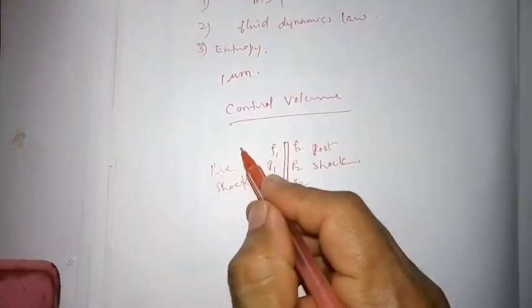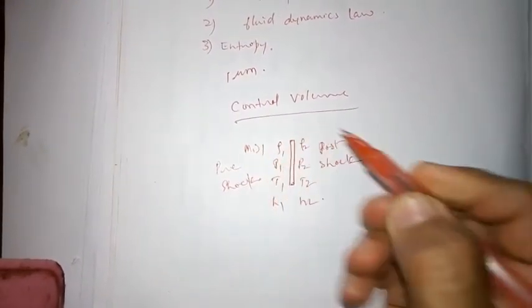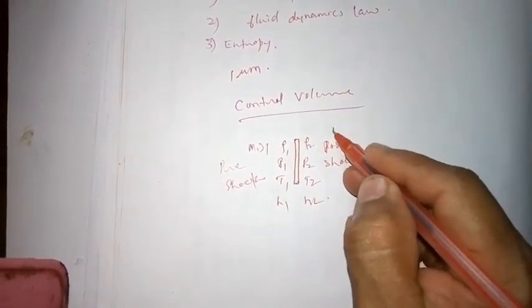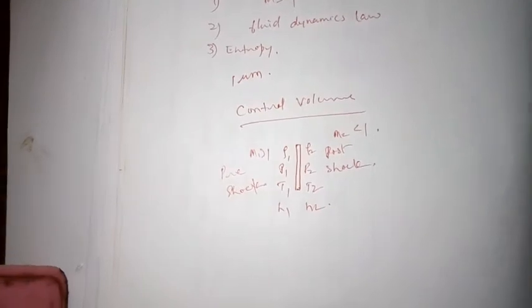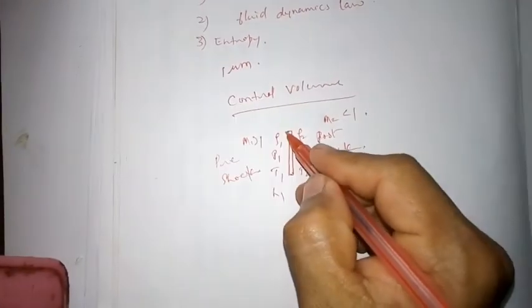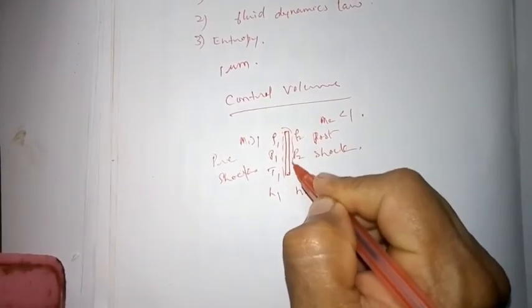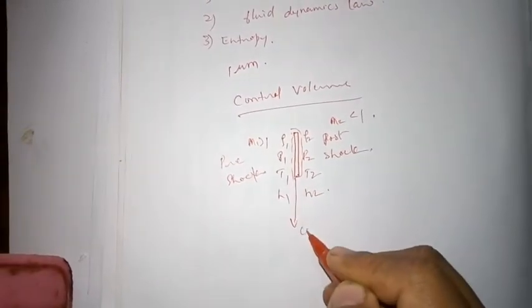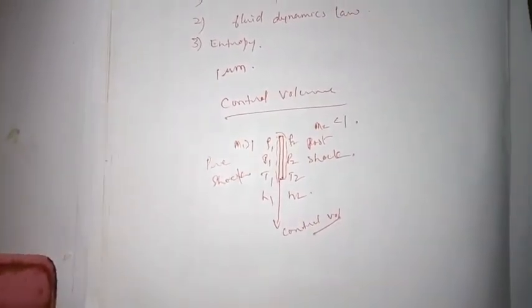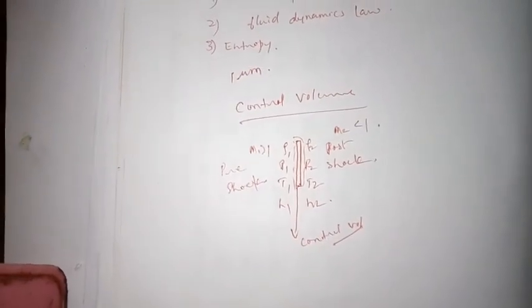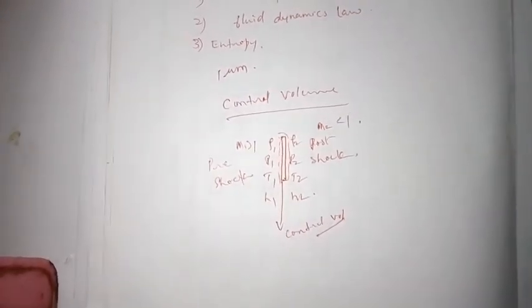So here M1 is greater than 1, pre-shock, and M2 is less than 1, post-shock. So it's like a packet. This small envelope is known as the control volume. It is assumed within this volume heat energy is constant.